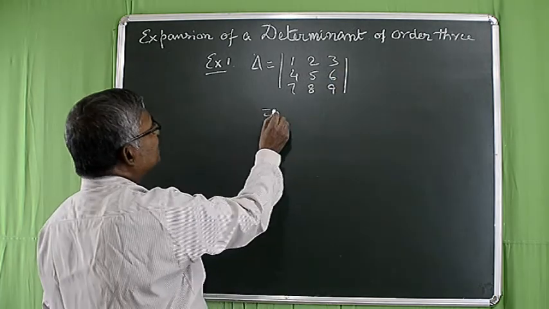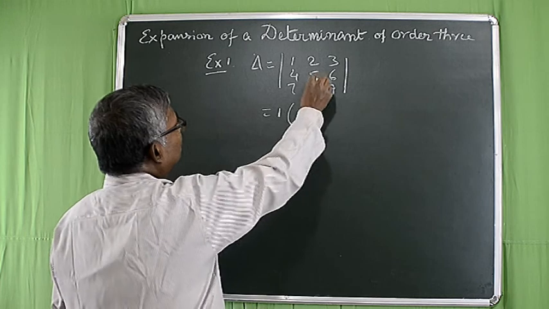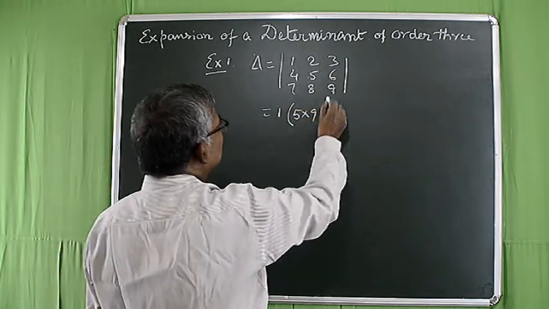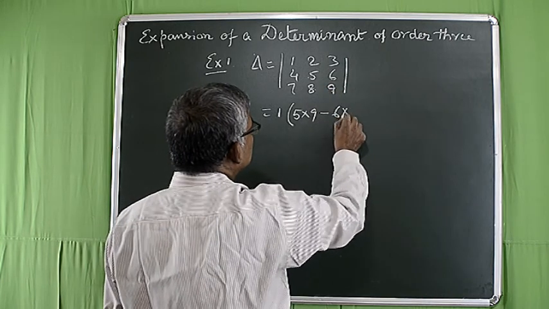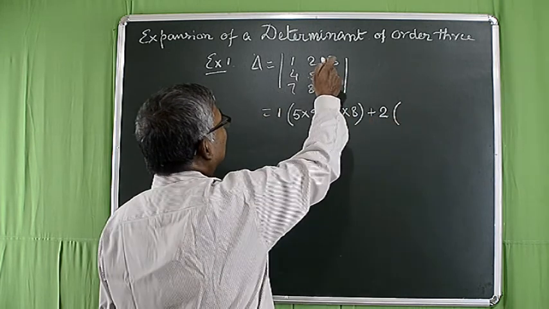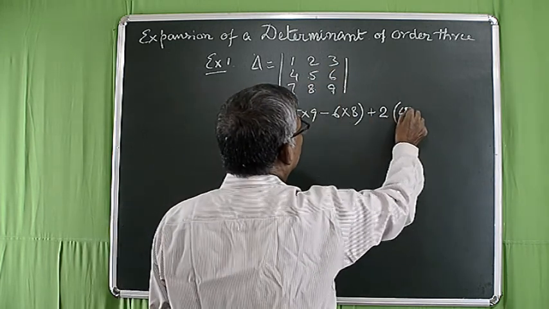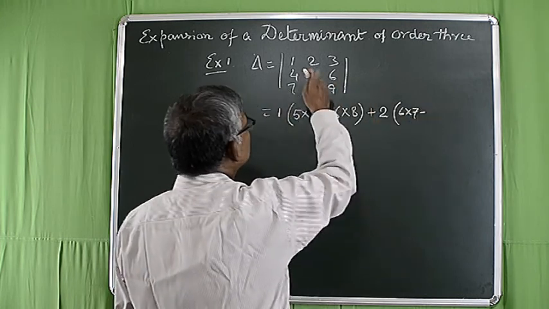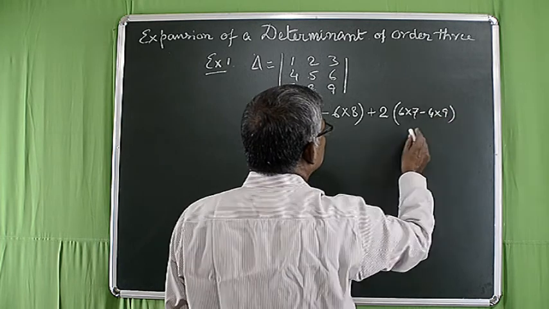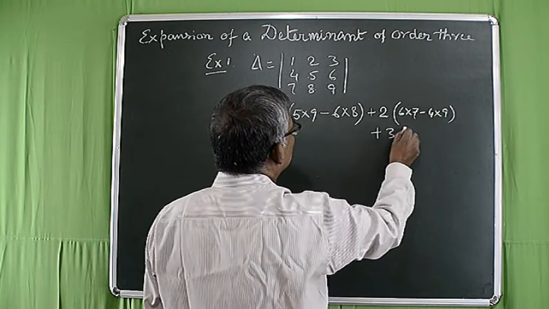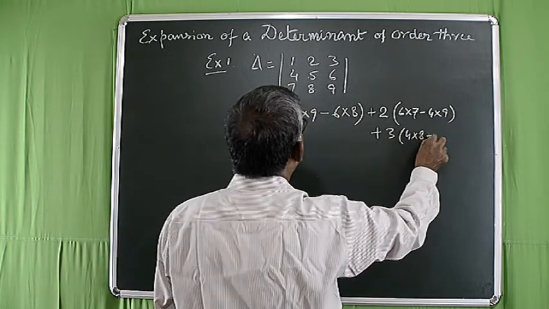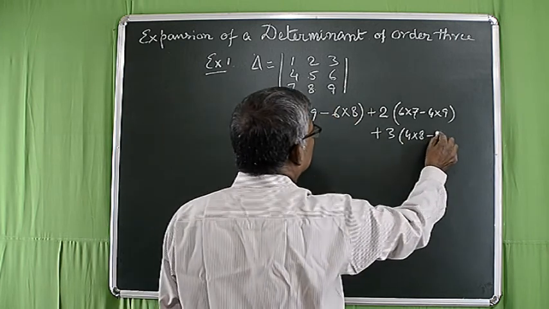So it can be written as 1 into (5 into 9 - 6 into 8) plus 2 into (6 into 7 - 4 into 9) plus 3 into (4 into 8 - 5 into 7).